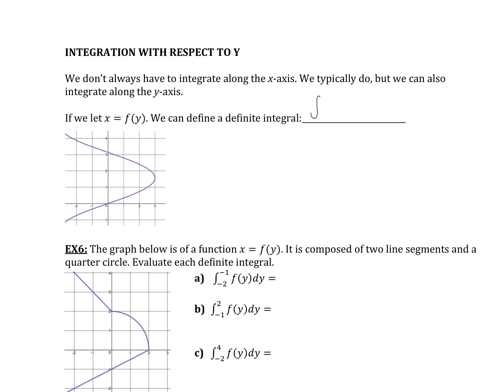It would still say that it's the integral from a to b, this time of f of y dy. Now the difference is that these bounds are y bounds. So that a and that b reference the y value where we're taking our bounds.